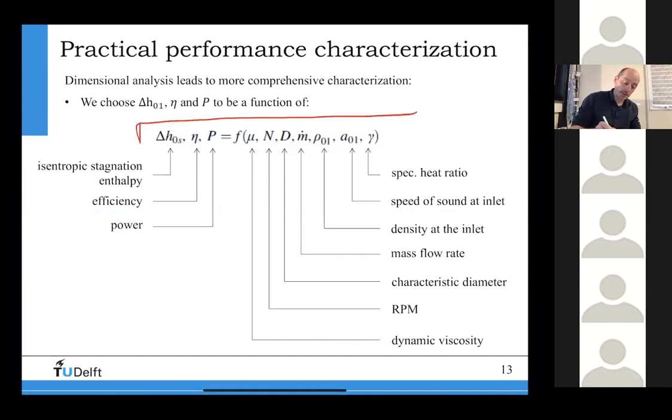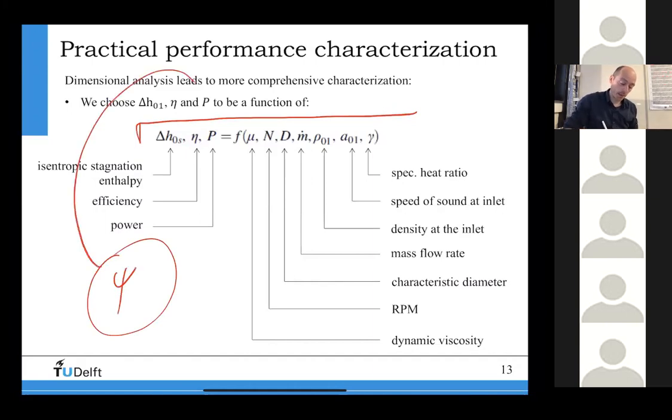So what we want basically is that we would like to have on this side here Ψ, right? This is the loading factor, which is the important one. We want to replace the Ψ with, I don't know, the power that we need for a compressor or that we get out from a turbine, or Δh0 for the total stagnation enthalpy change, or also the efficiency. In reality, of course, we always have losses, and so we have limited efficiencies.